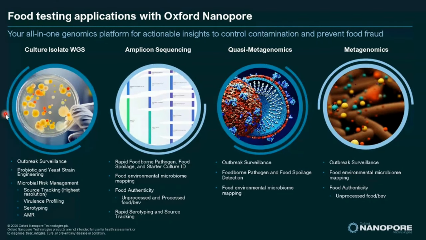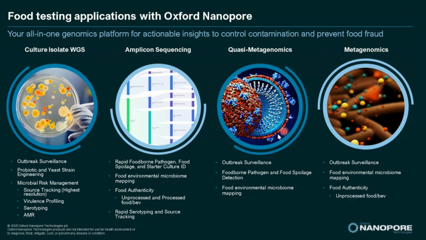So it makes the entire workflow a lot slower, and for outbreak detection and surveillance, it will be quite slow. Therefore, we use a targeted approach like amplicon sequencing to shorten the time required and remove the culturing step or make it shorter. Okay. Then we can also use it for food authenticity purposes.